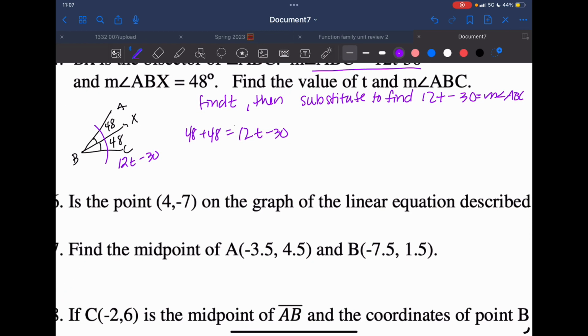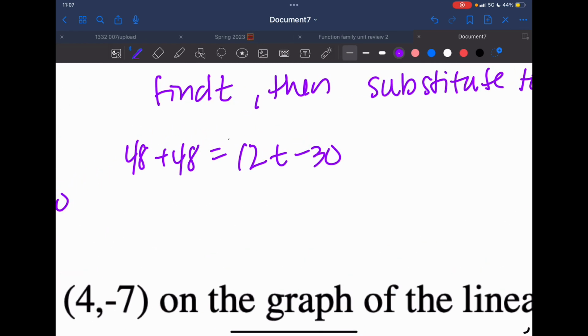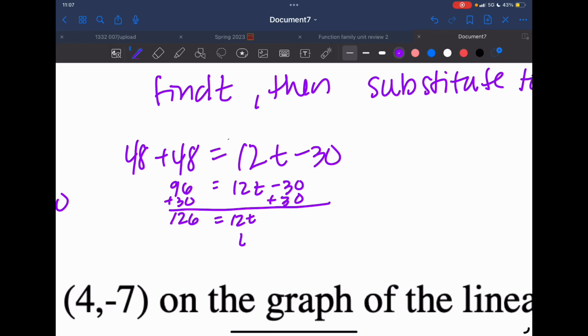We're solving for t. So I get 96 equals 12t minus 30. Add 30 to both sides. So I get 126 equals 12t. And then I want to divide both sides by 12. So then t equals 10.5.